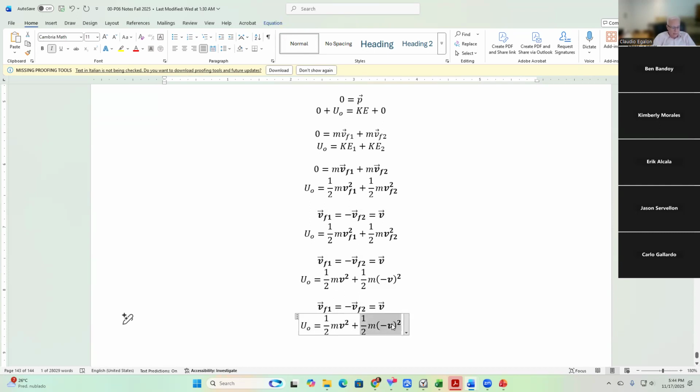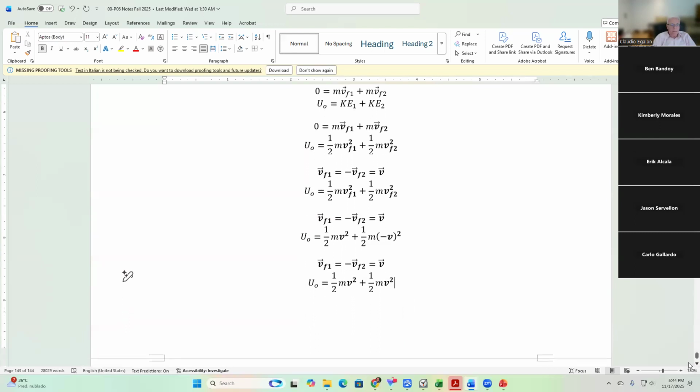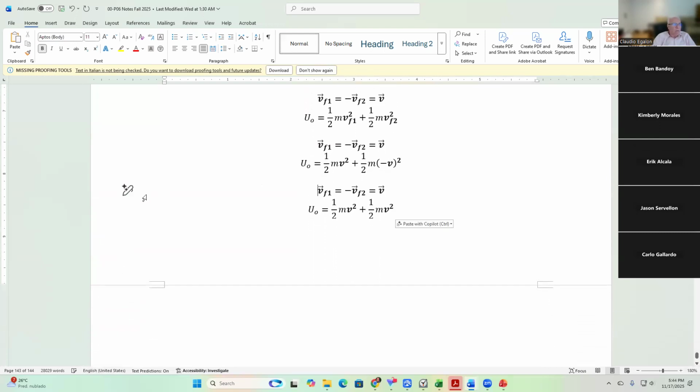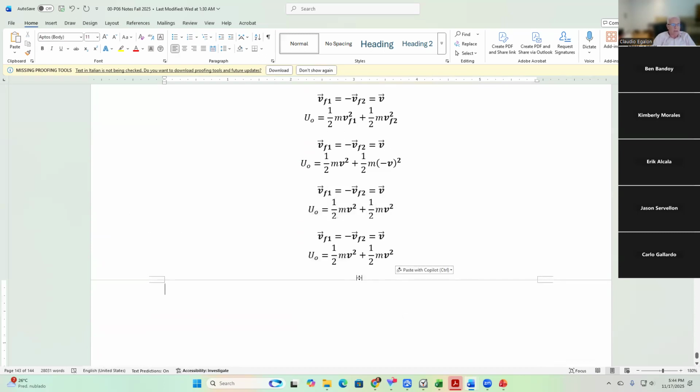When we square the negative of V, the minus sign disappears, right? And we have m v final squared. And we are about to find out the exact value of the final velocity.